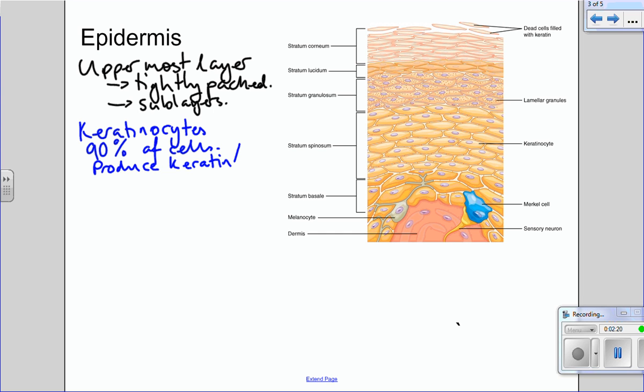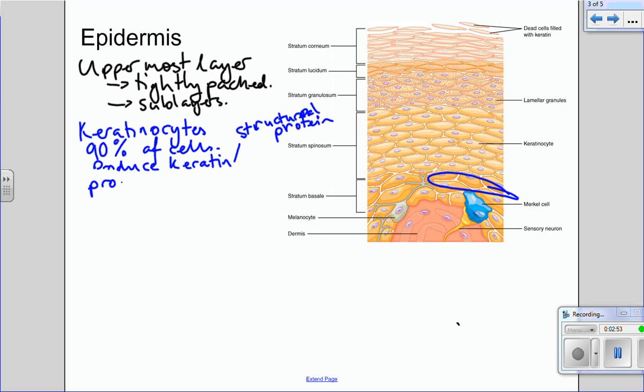Keratin is a structural protein, so it gives the skin strength and shape. They start off young, around the bottom here. That's where they're produced, in the lowest layers, and as they get older, they migrate up.